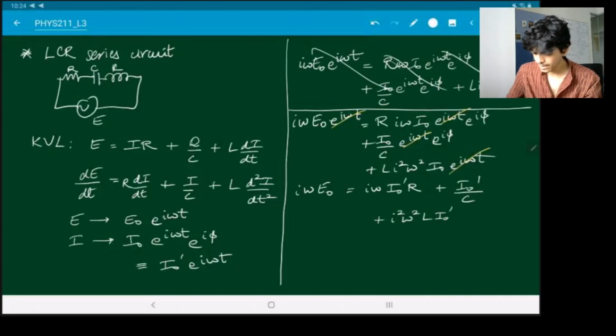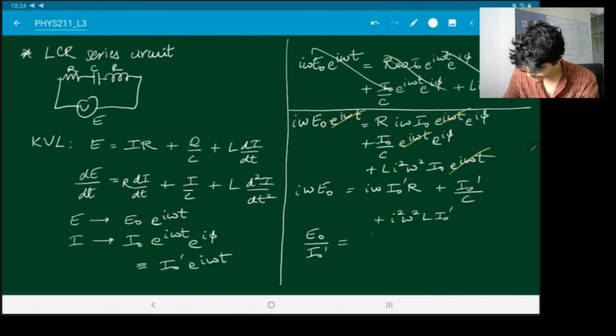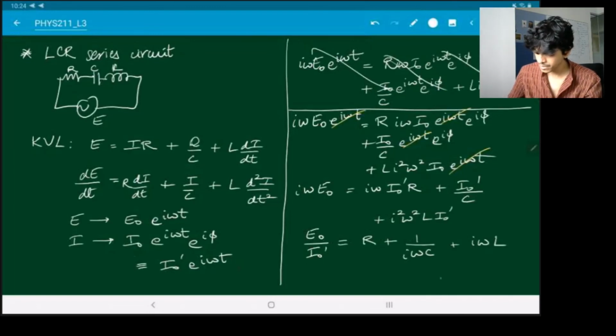And now I will define E0 divided by I0 prime, which is Z. Right. And this is a very important equation.